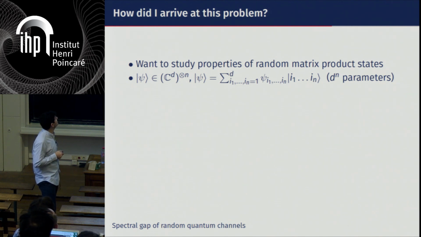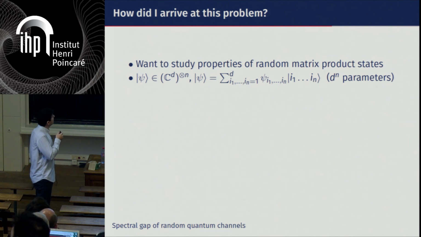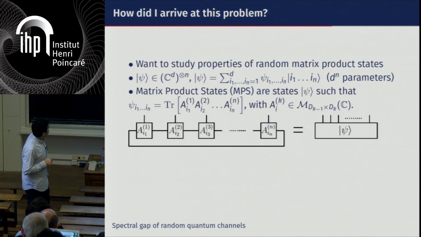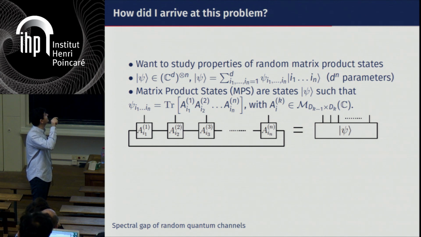So first, a matrix product state is just a description of a state. In general, states of an n-partite d-dimensional system have d to the n parameters, right? But we can define matrix product states as the set of states such that the coefficients can be written as the trace of the product of matrices.